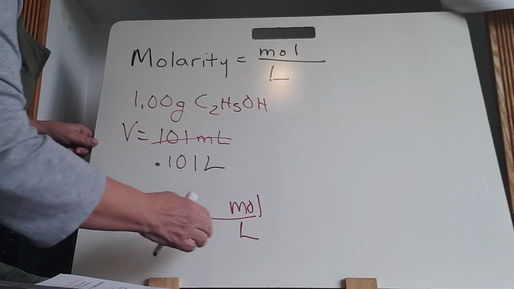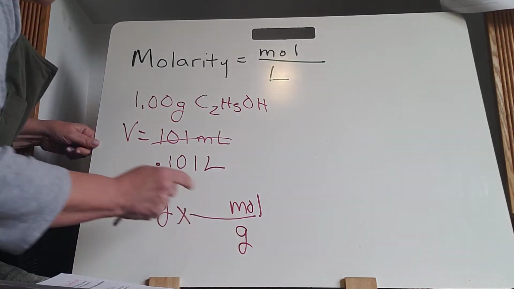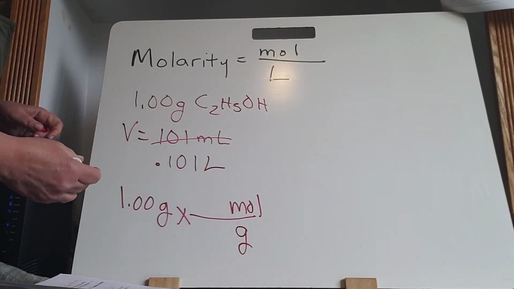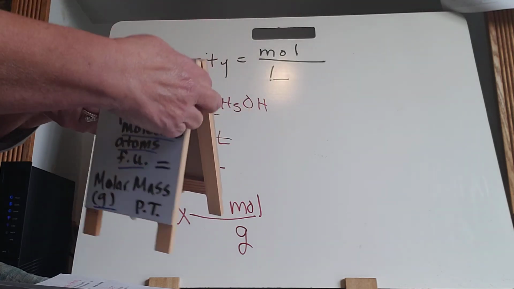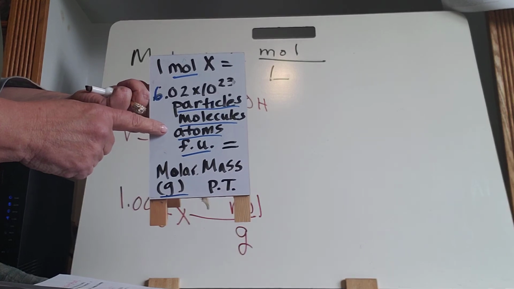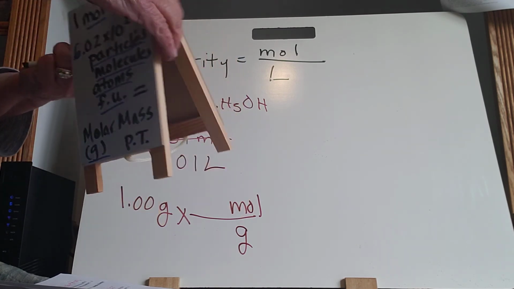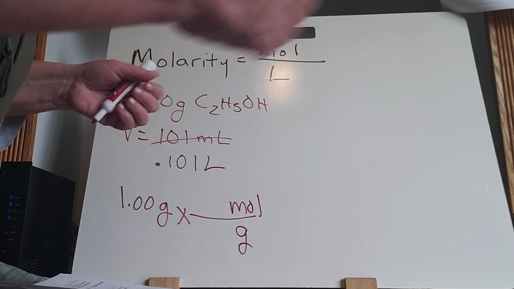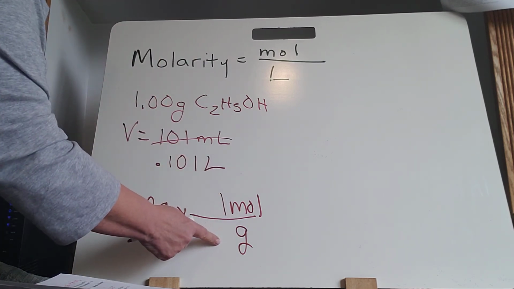So I'm getting rid of grams. I'm going to moles. And if you remember, we're just going back to using that 1 mole equals Avogadro's number equals the molar mass. These three things are equal to each other. So for every 1 mole, we get the molar mass here.